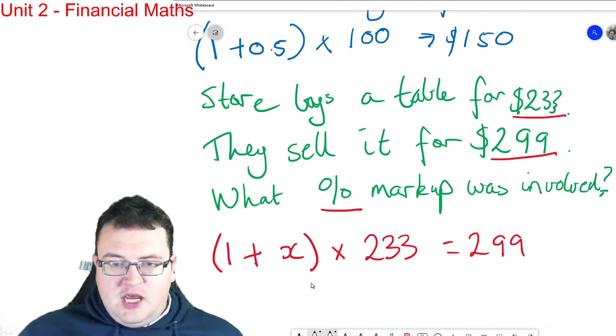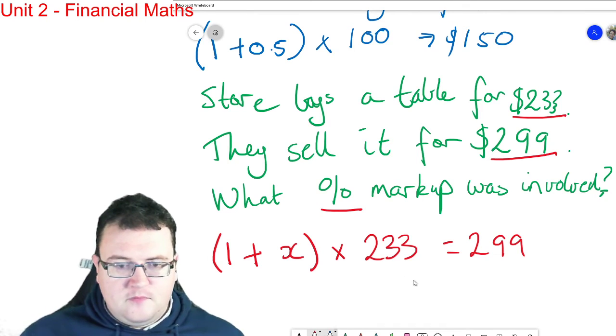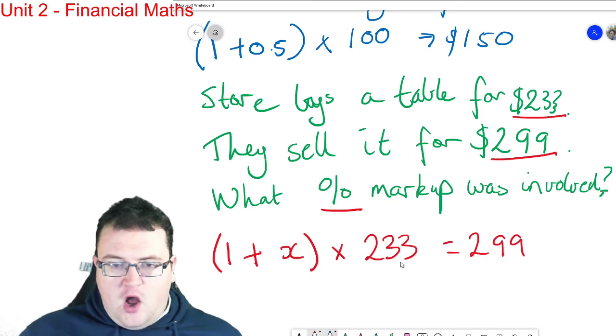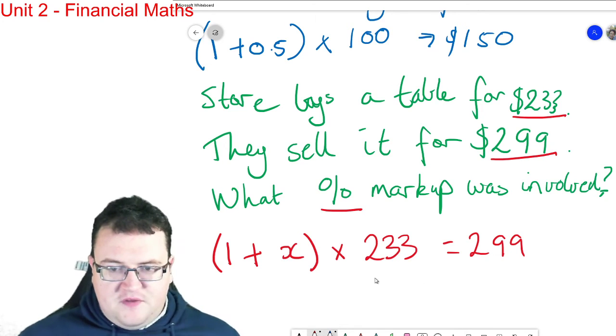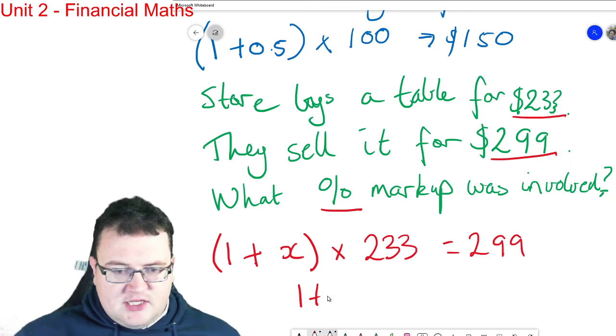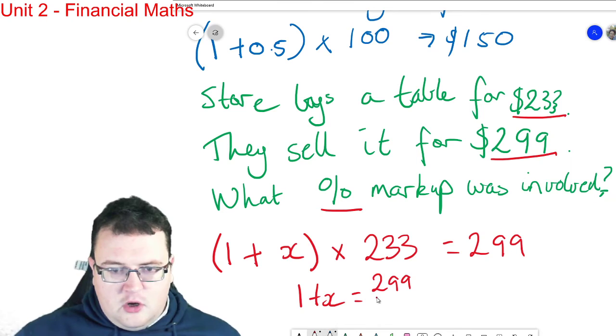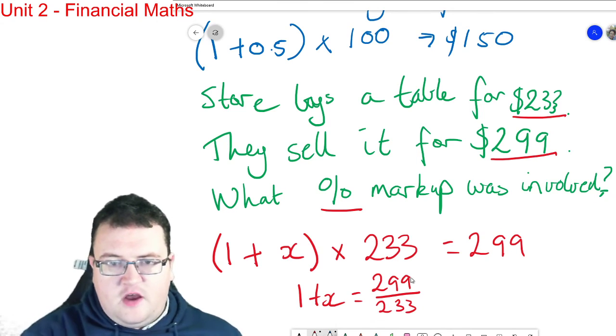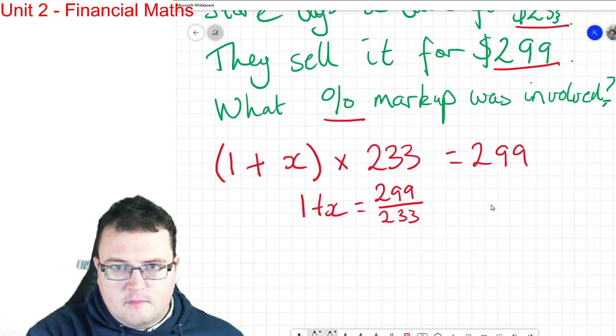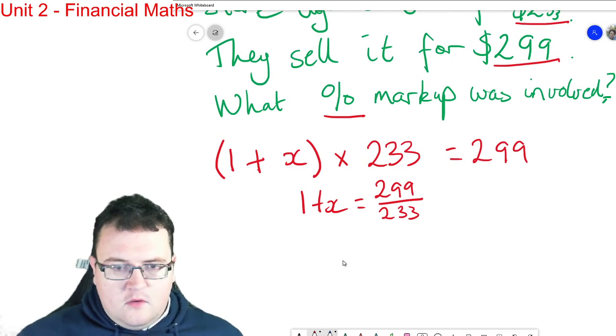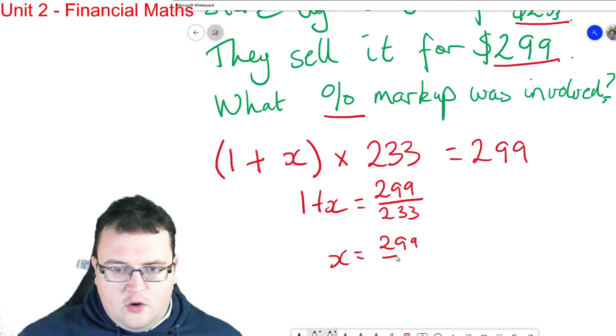So I can now go backwards and reverse this equation. If I divide both sides by 233, I get 1 plus x equals 299 over 233, and then I subtract 1 from both sides. So x is equal to 299 over 233 minus 1.